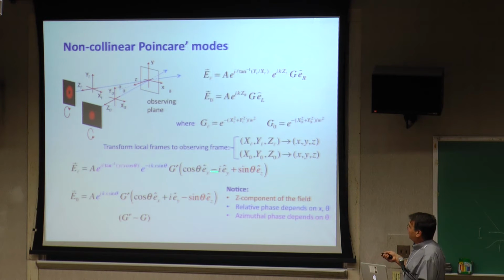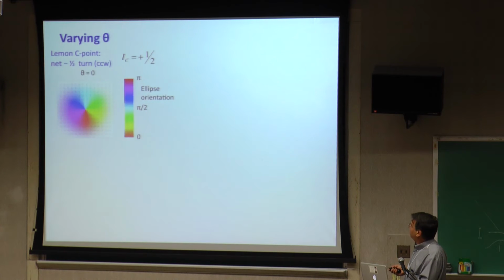So if you transform the fields of the two beams into that observing plane field, you're going to get, of course, a z component for both of them. And then, of course, you're going to have an x component that depends on the angle and a y component that does not depend on the angle. Okay, and so let's try this.